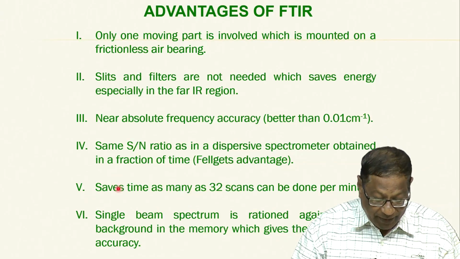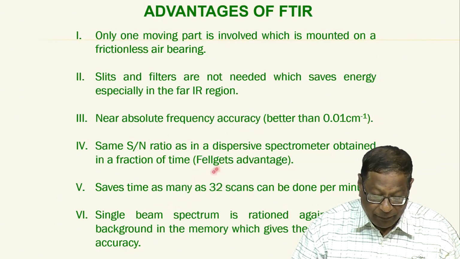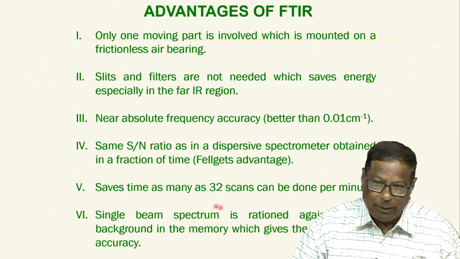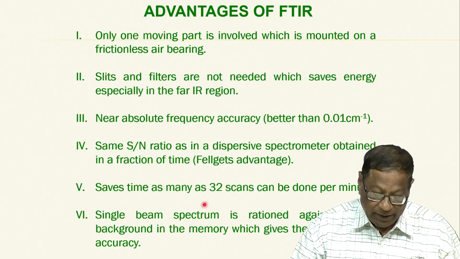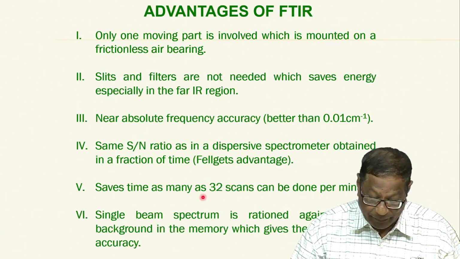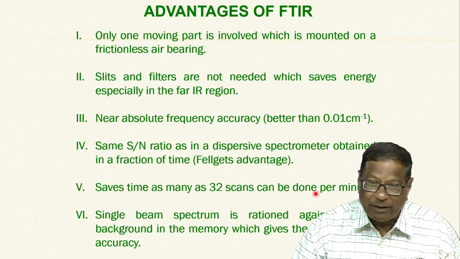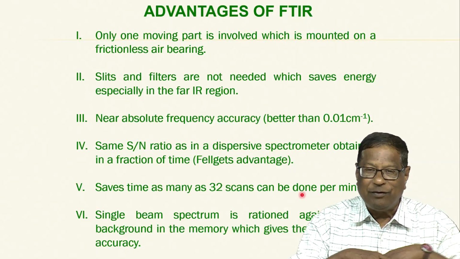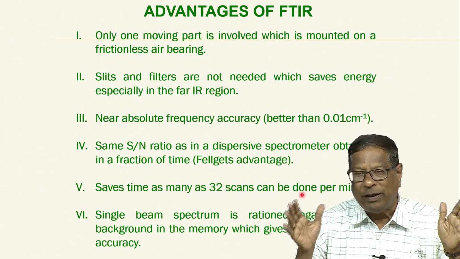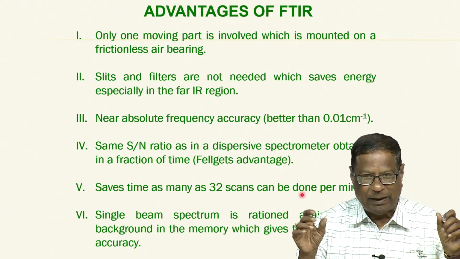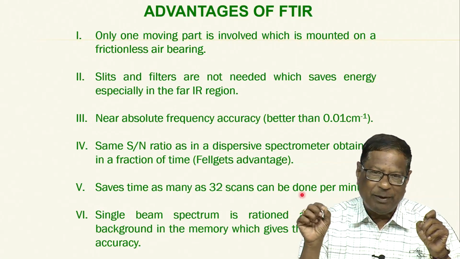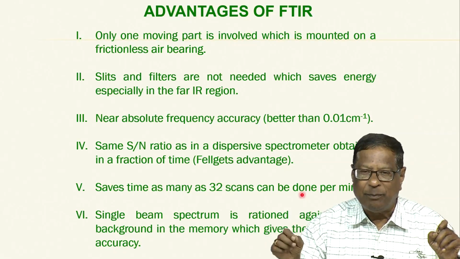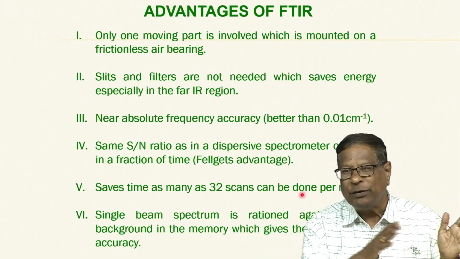So, it saves time, because I can move the mirror a number of times; here I have written 32 scans, which takes about a minute. Within 1 minute I am getting all the information, instead of moving the spectrometer 0.01 centimeter per movement from 4000 to 200.